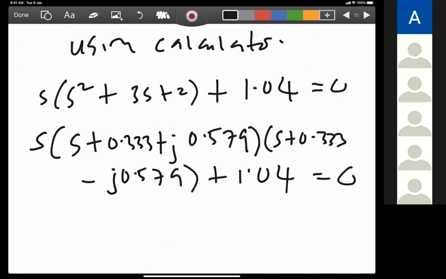If you factorize and then you find the s, s will be minus 2.34.